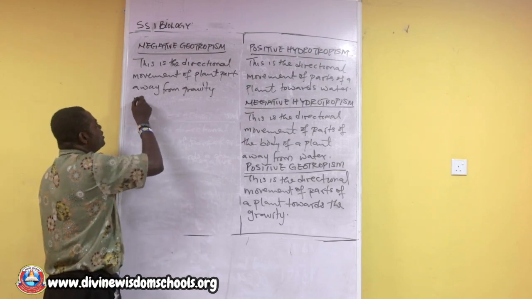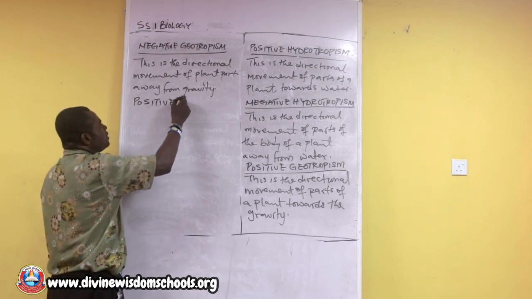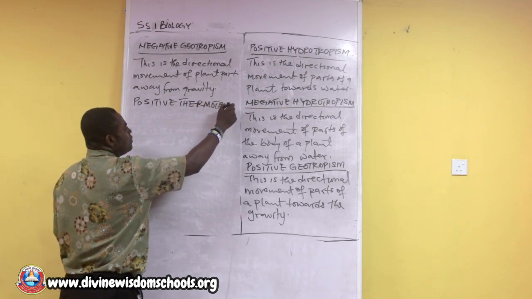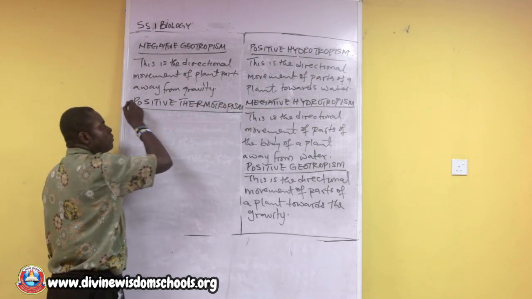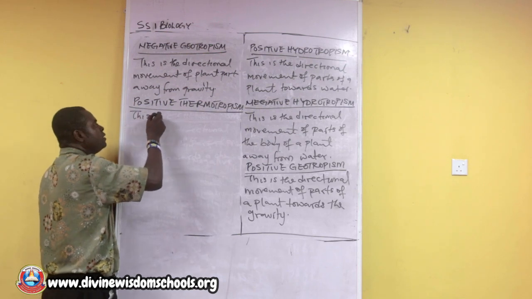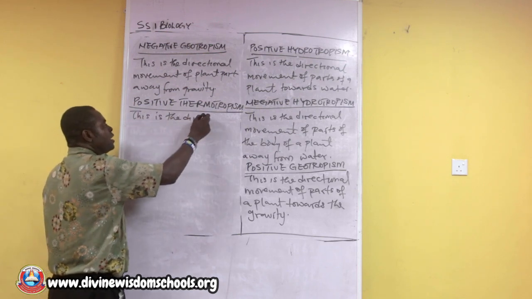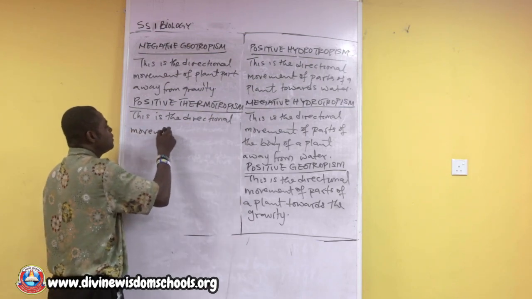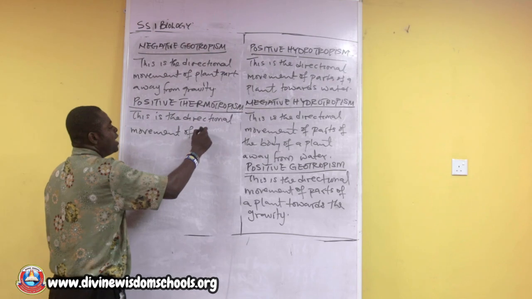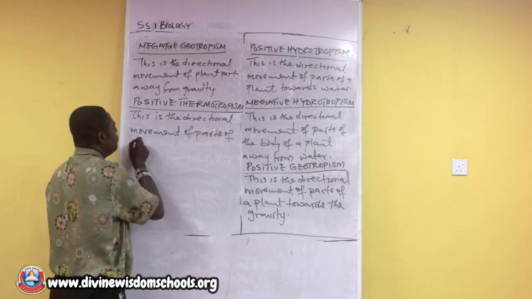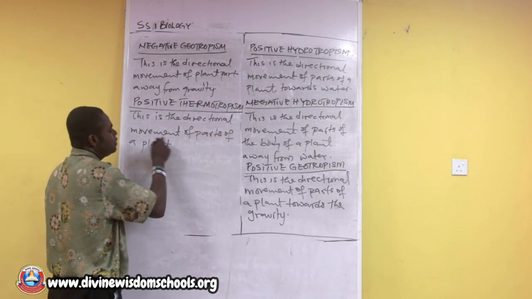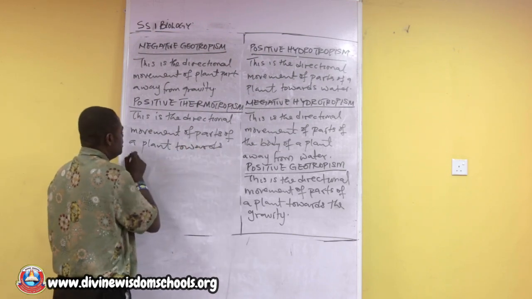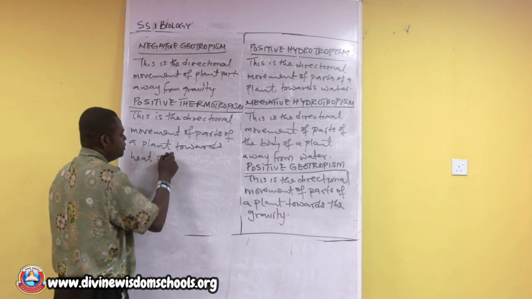So we have positive thermotropism. This is the directional movement of parts of a plant towards heat source.